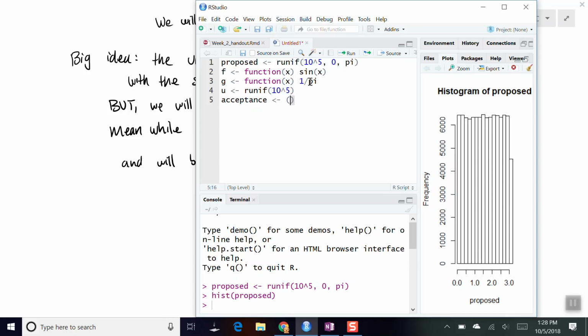And the acceptance is going to be, is u less than the quantity f of x divided by, I'm losing track of these parentheses, f of x divided by m times g of x.